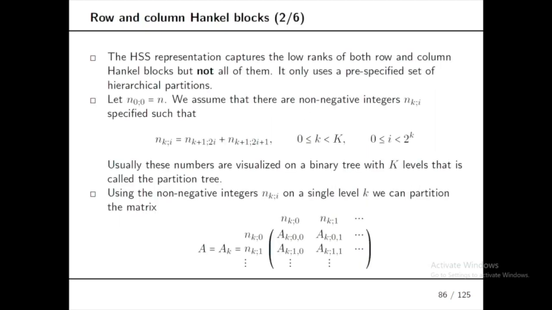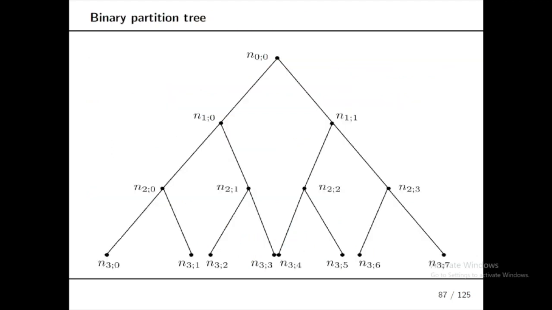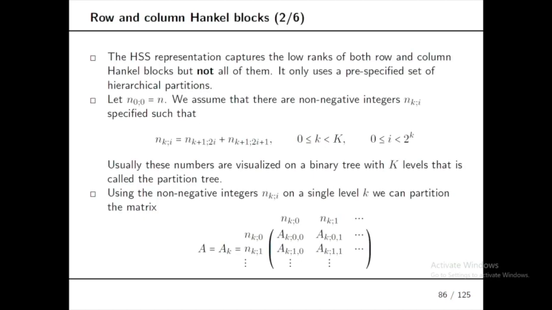Once you pick the partition, I can use any one level. Say, for example, take all these numbers in the last level, and I can use that to completely partition this matrix into tiny little pieces. This is called the kth level partition, and my first index says which level of the partitioning tree I'm using, and the remaining are just the usual row column indexing of the block partitioned matrix.